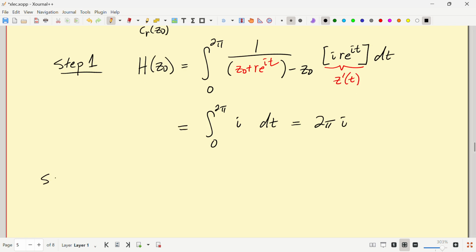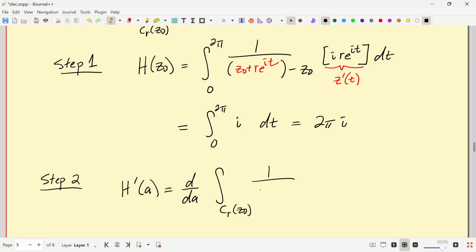Step 2 is that we can differentiate under the integral sign. So this is by homework number 1. h prime of a is d by da of the integral around the circle of 1 over z minus a dz. And that function is continuous, so this is homework 2, problem 1.